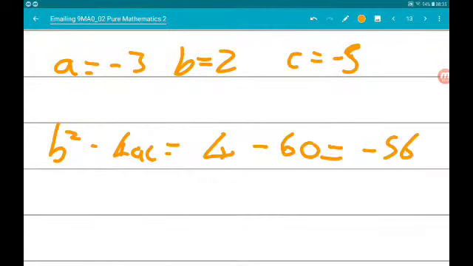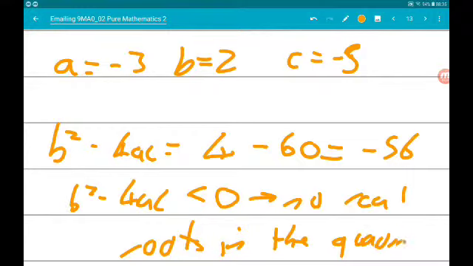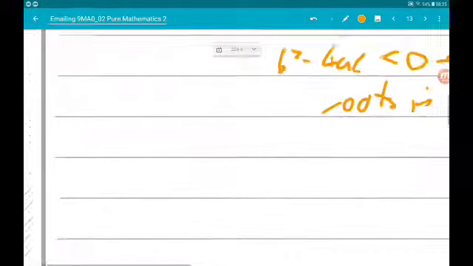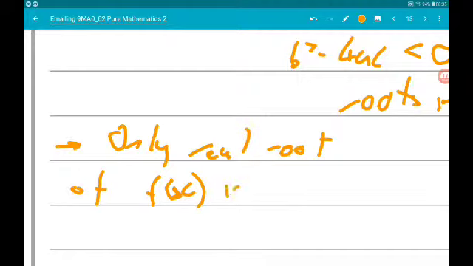So b squared minus 4ac is negative, which means no real roots for the quadratic. So that means the only real root of f of x is x equals 2.